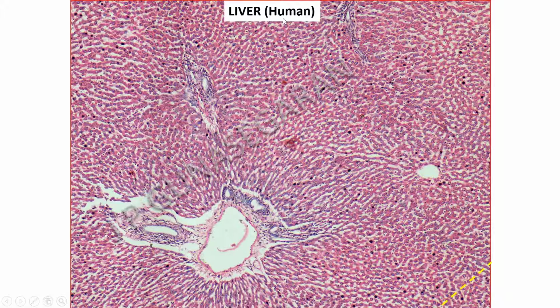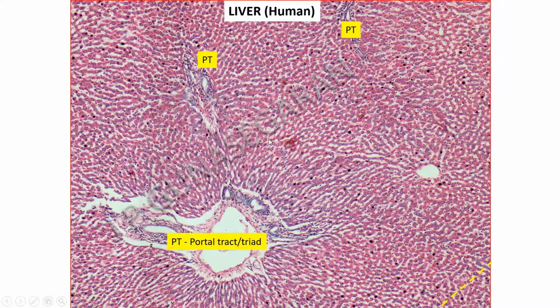So it is very difficult to precisely identify the limit of the lobule. These are the portal tract containing three structures, namely the portal vein, hepatic artery and hepatic ductules. They are also called the portal triad.